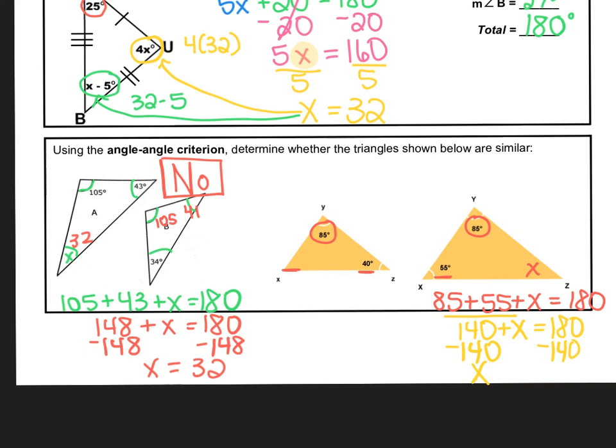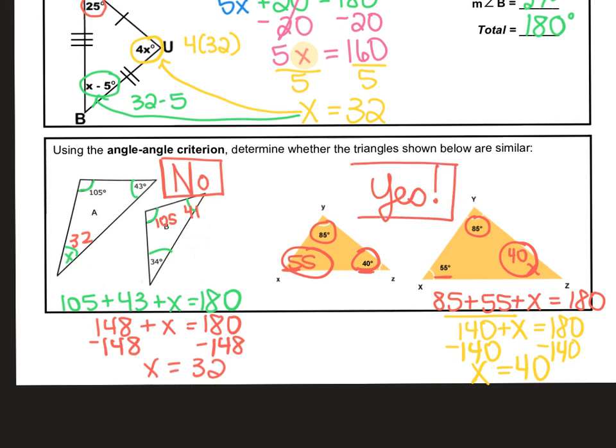And I do get X equals 40. Which means that they do have two angles in common, which means this third one would also be in common. So we would say yes. This triangle does support the angle criterion.